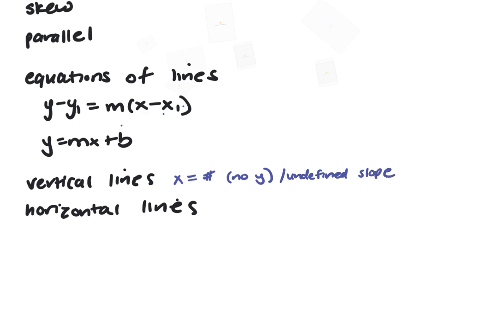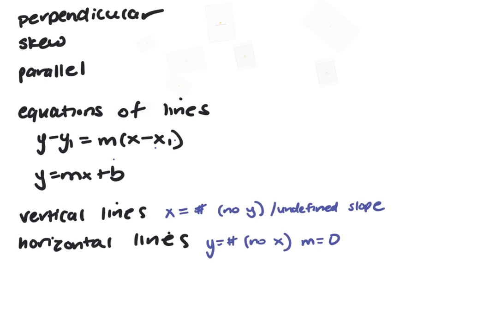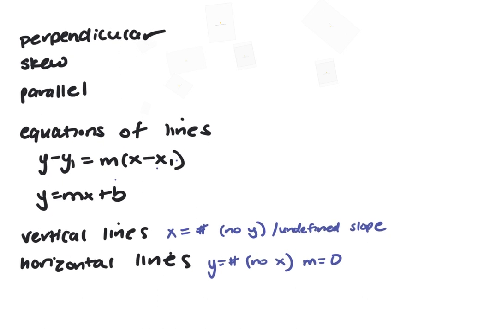And then horizontal lines are y equals a number with no x, and slope is 0. So this is where some of that algebra stuff came back into play, identifying slope from points, identifying slope from a line, that kind of stuff.